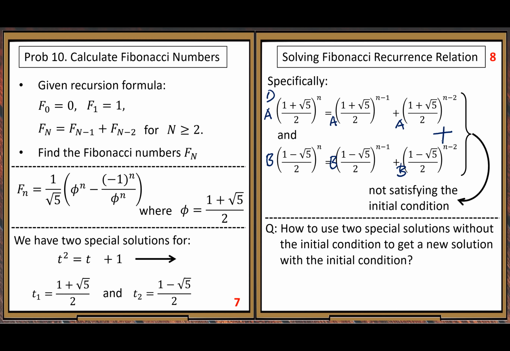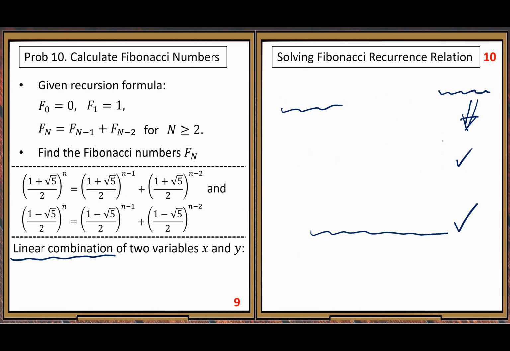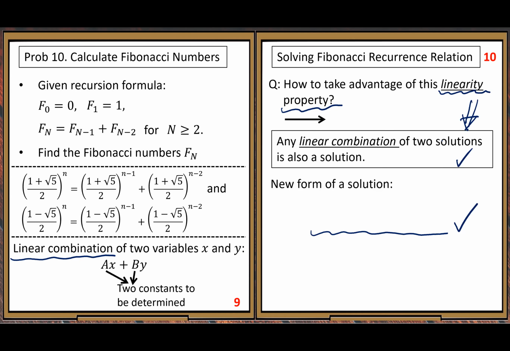All right, let me move to the next slide. Now, this general form is pretty general, because for any capital A, any capital B, this form is a valid solution.